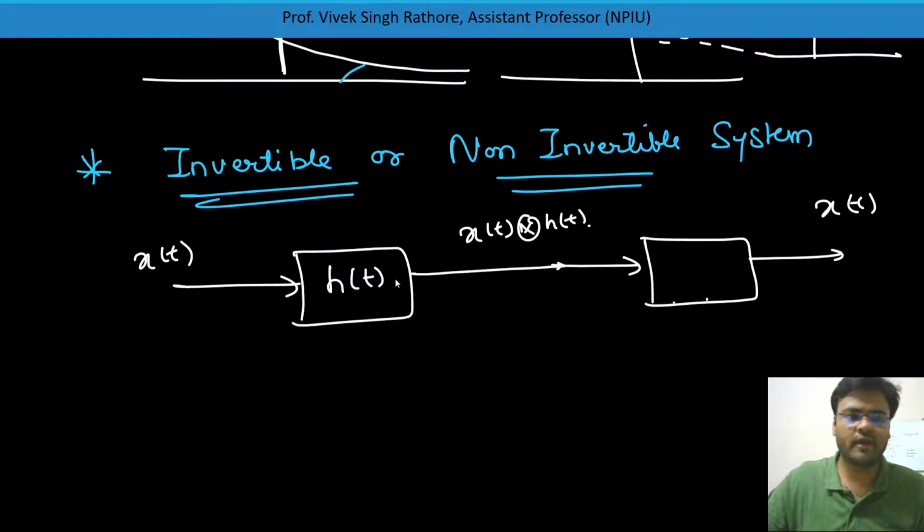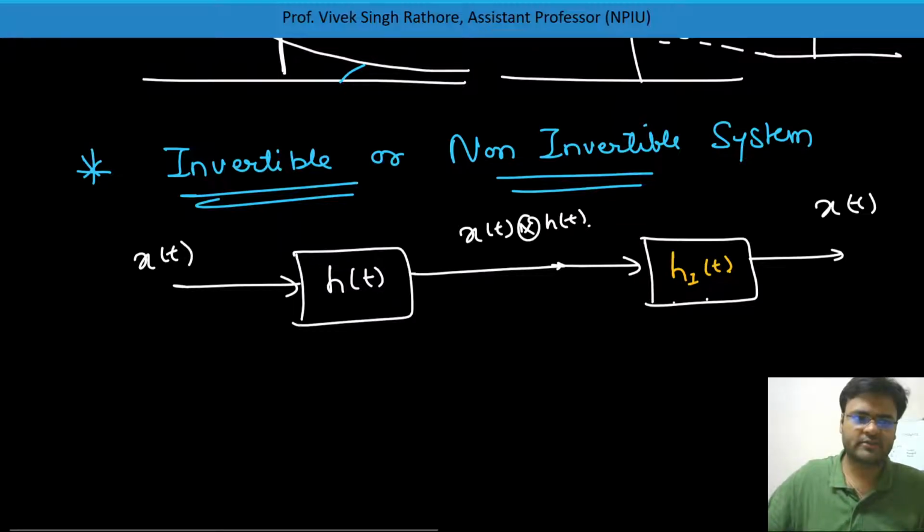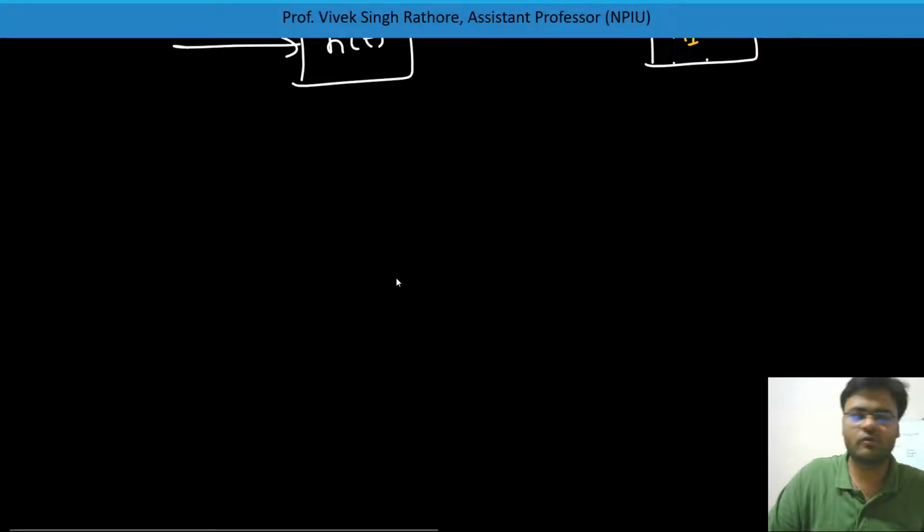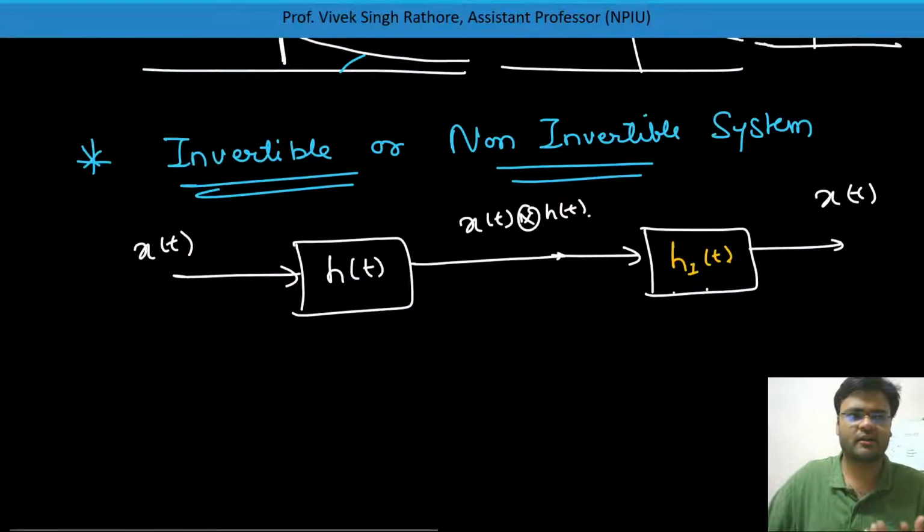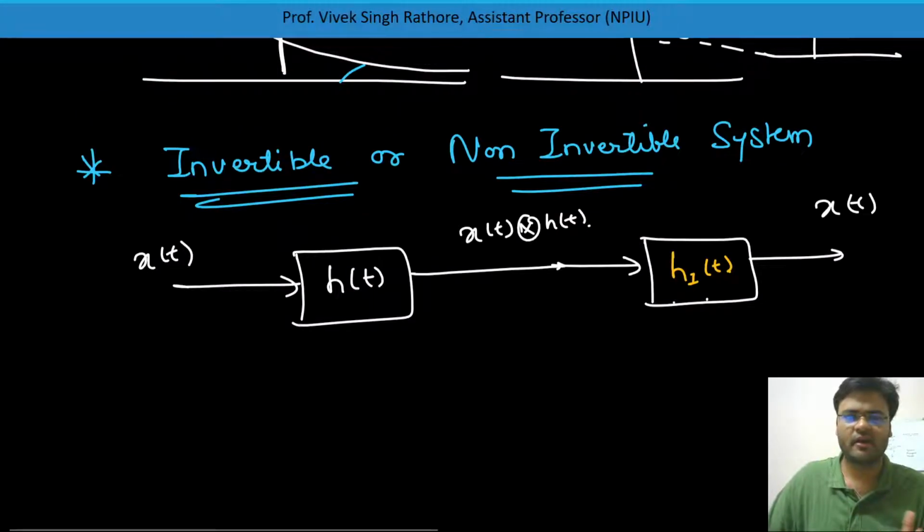But if we can produce h of i, which is just the inverse of this h of t. I told you that when two systems are in cascade, you can make a single system.